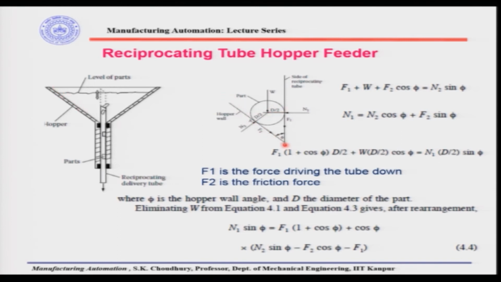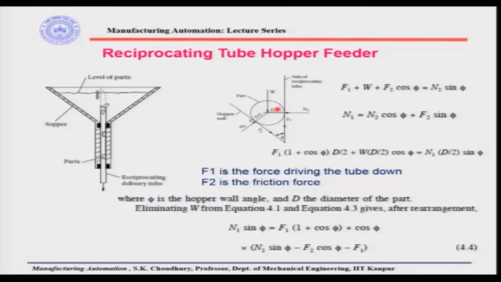Let us say this is the part, okay. It is a cylindrical part, and the cylindrical part is jamming between the hopper wall and the side of the reciprocating tube. Let us see what happens here, and to prevent that jamming, what can be incorporated in the design of this kind of hopper feeder.